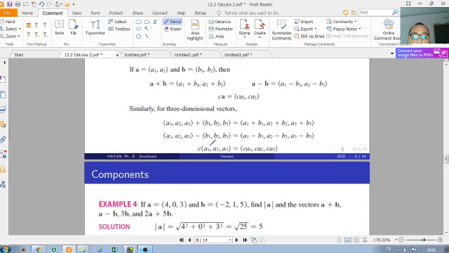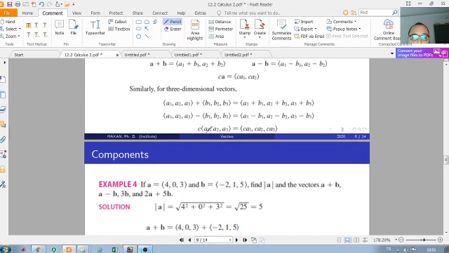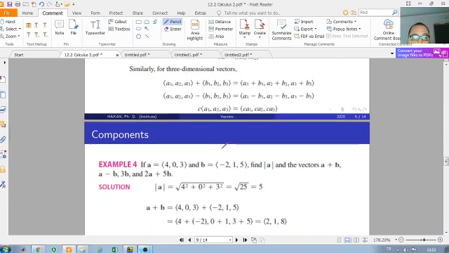We can say the same thing for three-dimensional vectors, you see. And the scalar multiplication can be found by multiplying each component by the scalar c, which is a real number, and we obtain algebraically the components of the scalar multiple of the vector v in this form.